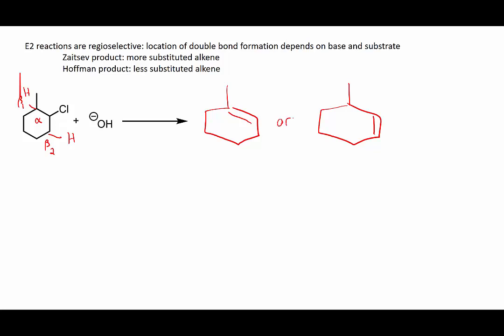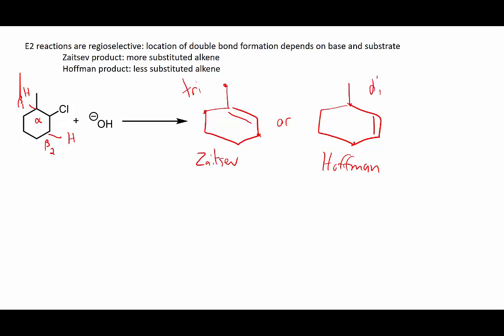If we want to classify these two products, the one on the left is the Zaitsev product because it's more substituted, and the Hofmann product, which is less substituted, will be on the right. If you want to double check that, the leftmost product has 1, 2, 3 substituents on the alkene. This is tri-substituted. In this case, we've got 1, 2 in this alkene, so it's only di-substituted.